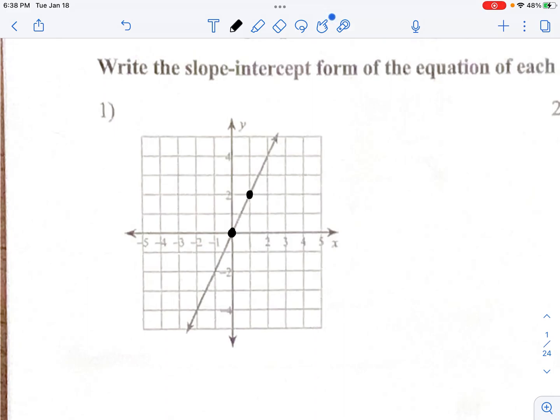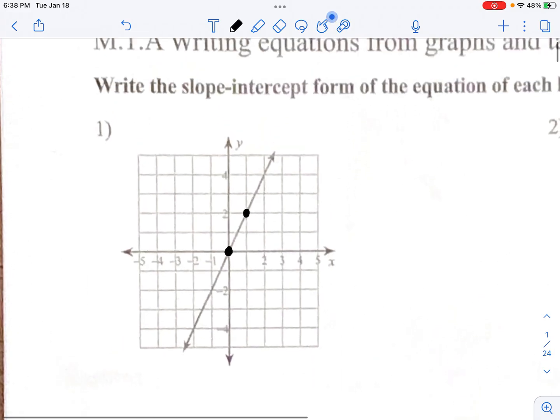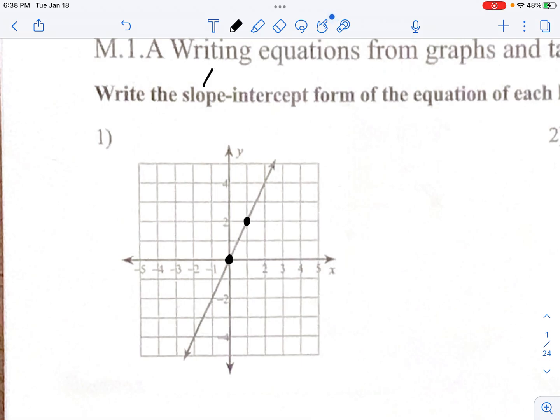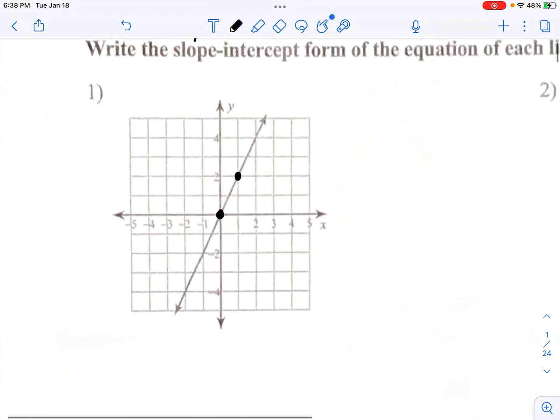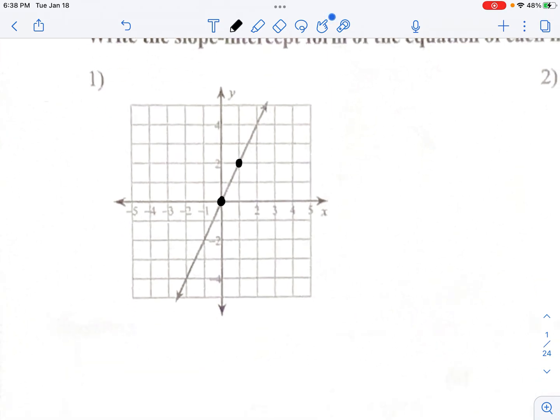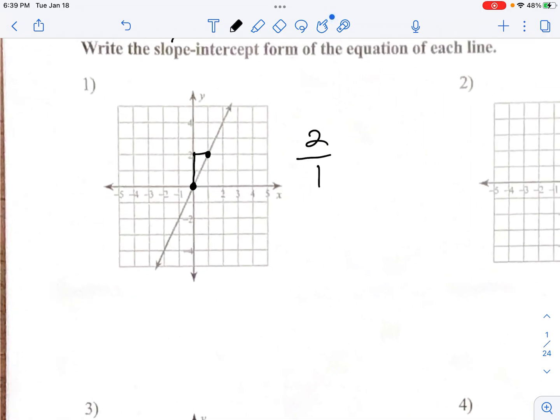So now that we found two clean points, remember, slope-intercept form is y equals mx plus b. So that's what our answer is going to look like. First thing we need to do is the slope. We're going to go up 1, 2, that's the top number, and right 1. So my slope is 2 over 1, or just 2.